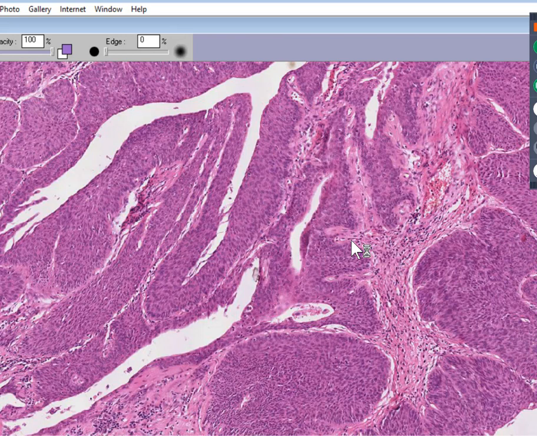right? So we know it's probably not adenocarcinoma because it's not growing like glands. We know that it doesn't look like squamous cell carcinoma because it's not keratinizing. In fact, it's not even differentiating much like squamous mucosa does. Instead, it looks like it is multiple layers. It's not adenocarcinoma. It's not squamous cell carcinoma.